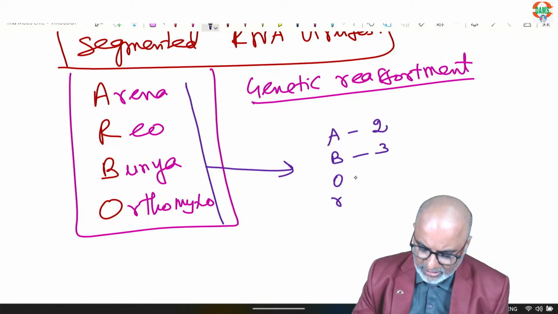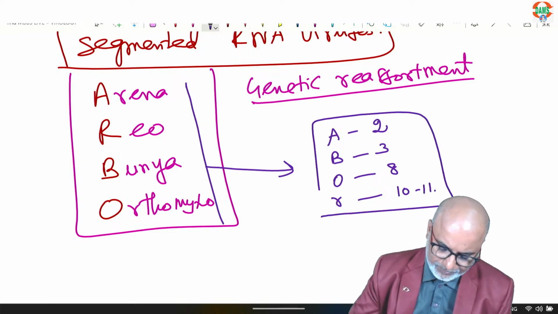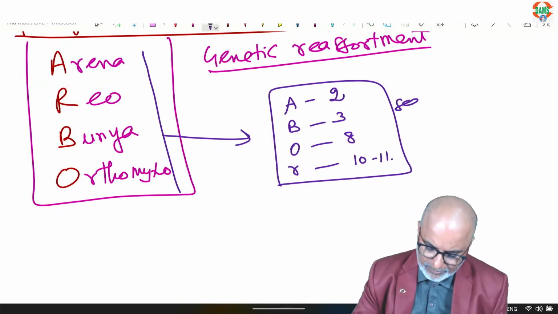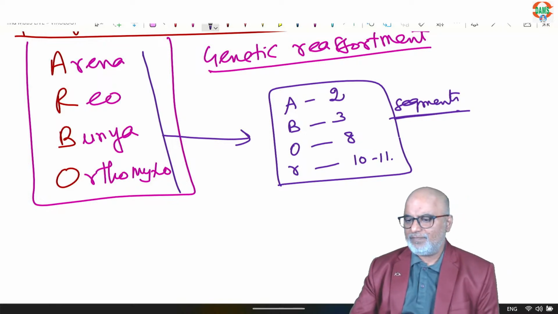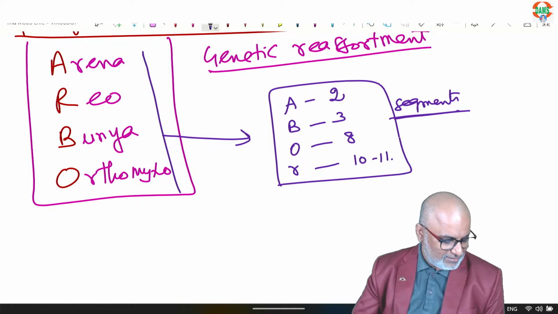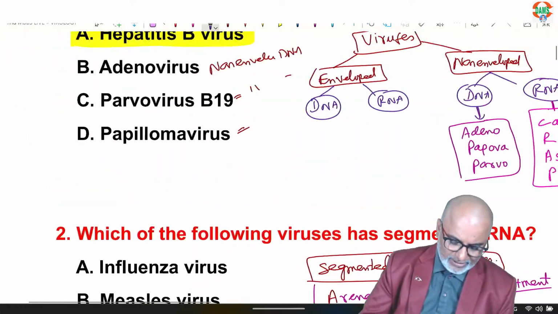Bunya, 3 segments. Orthomyxo, 8 segments. Rio, 10 to 11 segments, such as rotavirus. Remember the number of segments easily. You always get questions from the basics.